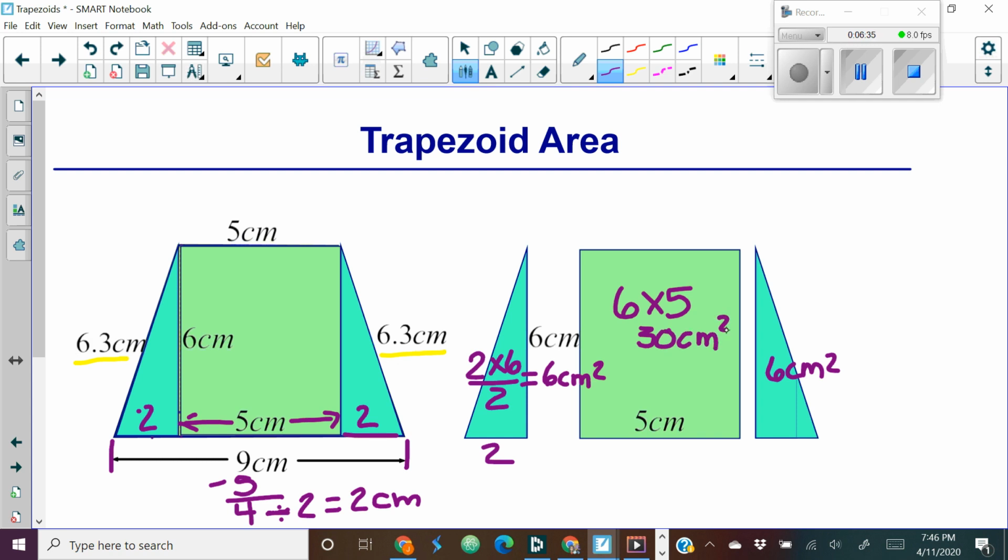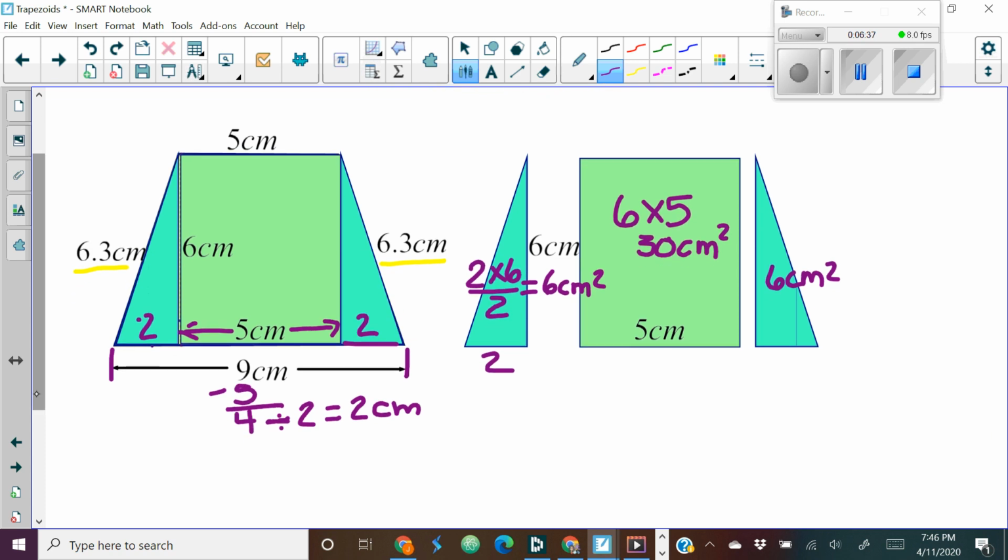So to find the area of the whole trapezoid, I add the 6 centimeters squared plus the 30 centimeters squared plus the 6 centimeters squared.